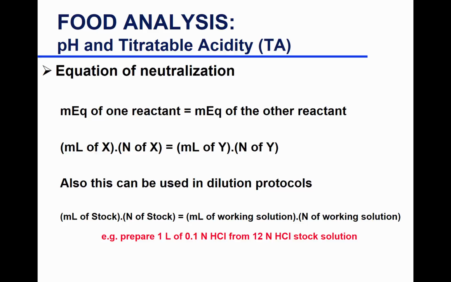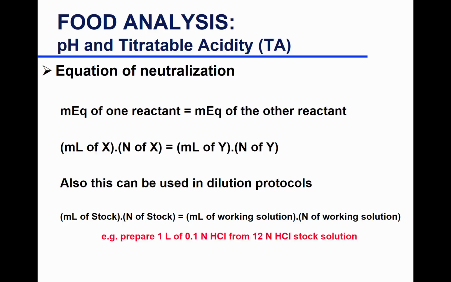So if we know how much we start off with, let's say 20 milliliters of juice, and we want to find the normality of the acid, we know the normality of the base we're using to titrate, and we'll just record the titration volume. When we reach equilibrium, the color of the titration will change. Then we know this, we know that, we know this, then we can calculate the normality of the acid.